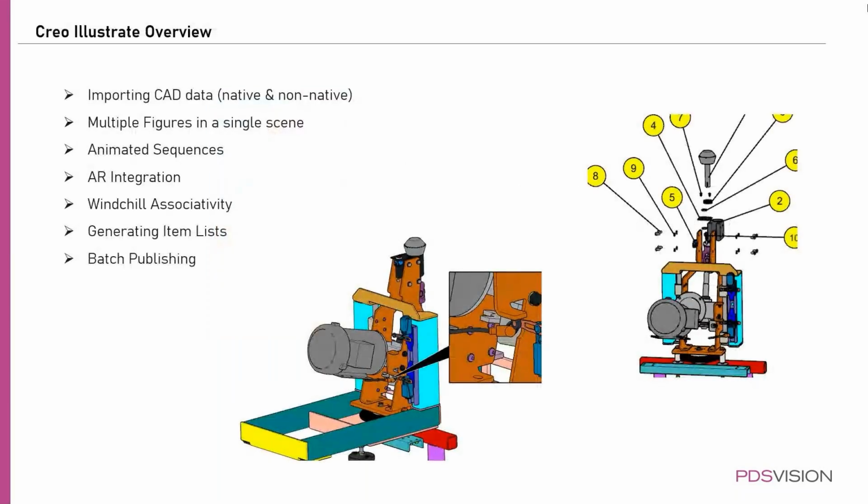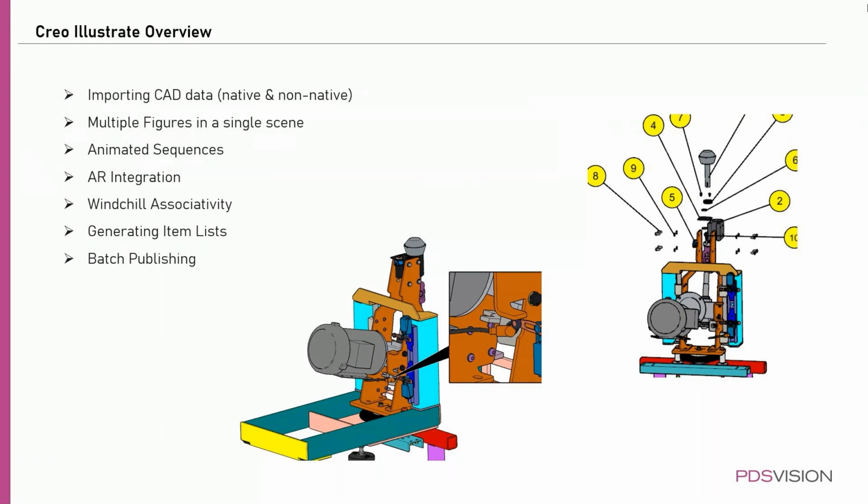All right, now that we got those logistics out of the way, I'd like to talk a little bit about what we're going to be seeing today in our presentation and the demo. There's obviously a lot more in between these lines that you can do with Creo Illustrate, but these are the big features and functionalities that Creo Illustrate offers.